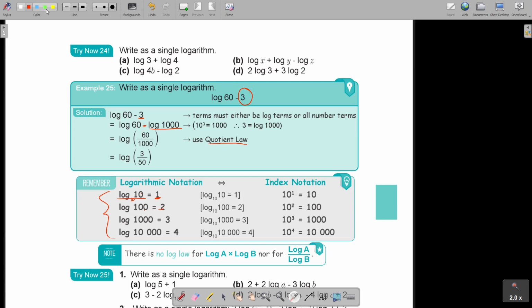So if you write log 60 divide log 1,000, you're going to get 0 marks. That's incorrect because there must just be 1 log word. Please, it's just a simple way of saying it, but make sure that you don't make that mistake. And then I simplified. I made it a single logarithm. And that's what they want there.